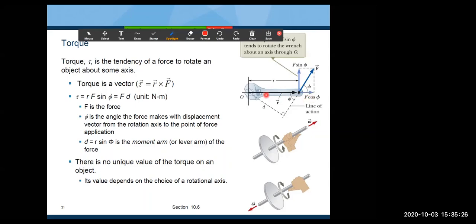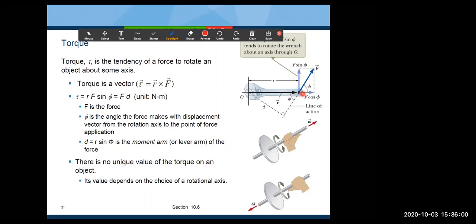Say, if you apply the force along the length of the spanner, it is not helping to turn the nut. If you apply the force along the spanner, at the most, you are pushing the spanner very hard on the nut or just trying to take the spanner away from the nut. It will not cause it to turn at all. In order to have some turning effect, the best strategy is to apply the force perpendicular to the length of the spanner.